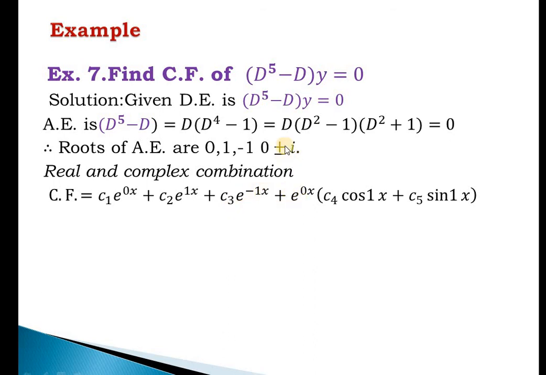Due to the complex roots, alpha is 0, e raised to alpha x, next constant C4 cos of beta x, beta is 1, plus C5 sin of beta x. Okay. So e raised to 0x is 1, and it is C1 plus C2 e raised to x plus C3 e raised to minus x plus C4 cos x plus C5 sin x.